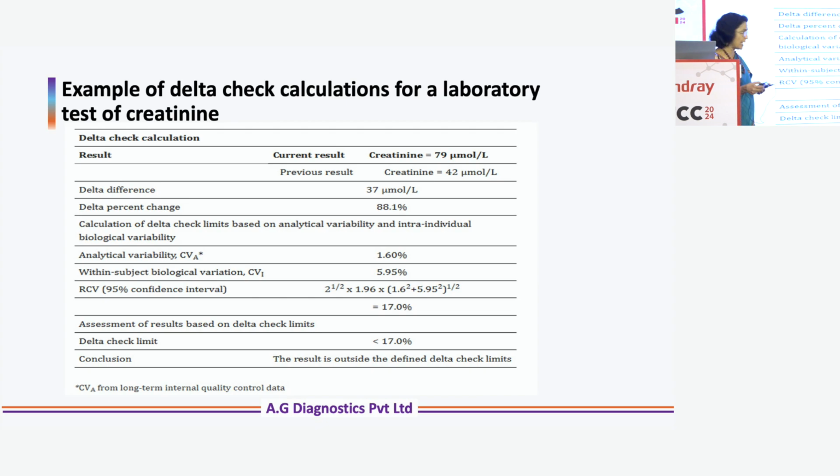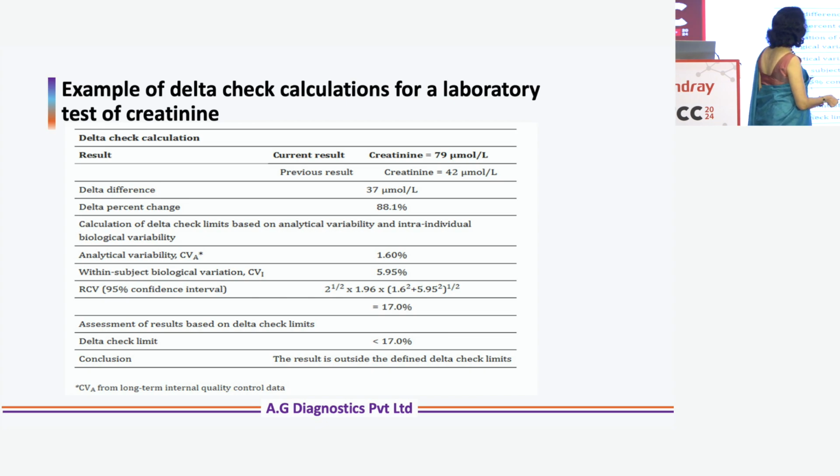So there's just an example here. I'm sorry for the units because this I have picked up. These are not the units in which you and I usually report, but fine. So there is this value, this is the delta difference, this is the delta percent change, then the analytical variability and within-subject biological variation, the formula has been applied and you get 17%. So look at this, the delta percent change.